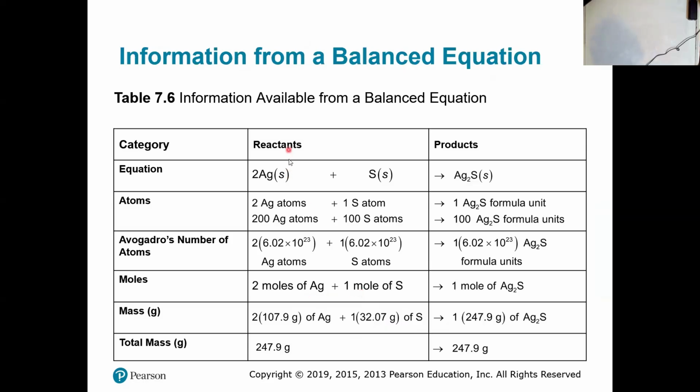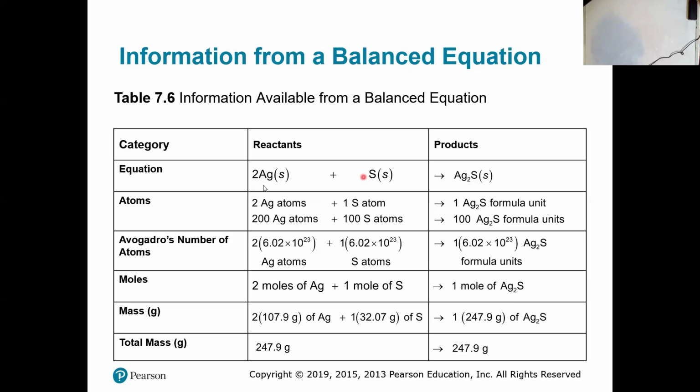So these are some of the relationships that we can pick up from a balanced equation. We'll look at the different ways that we can relate our reactants and our products to each other with examples, but it's good to see a list of what this all means.